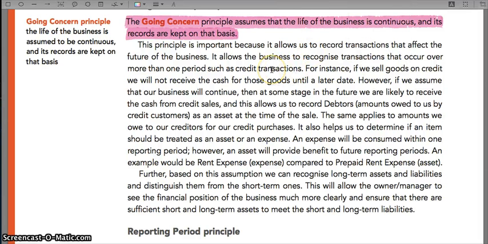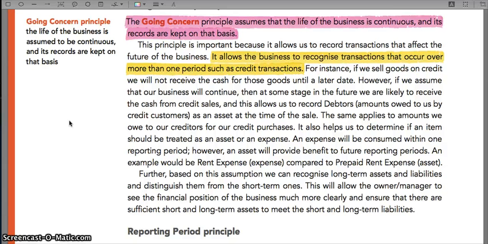The first thing it does is it allows us to record or recognize transactions that occur over more than one period. So for example, if we had a credit transaction that occurred on the 18th of June, and the end of our reporting period was the 30th of June, we can assume that the business will continue as a going concern into the next period.